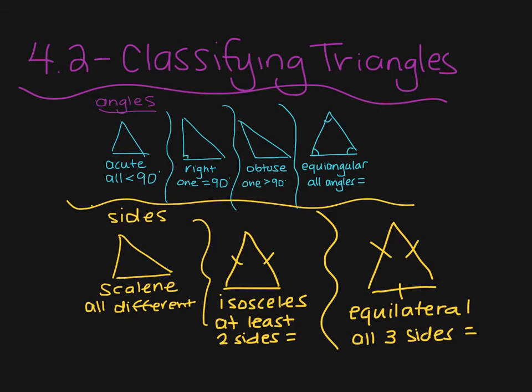So you've got a couple of questions on classifying triangles. Either they'll give you the measures of the angles, or they'll give you the measure of the sides, and you've got to classify it. 4.3 is where we learned a little bit more about the angles in the triangle.